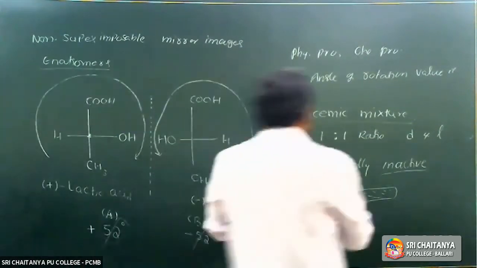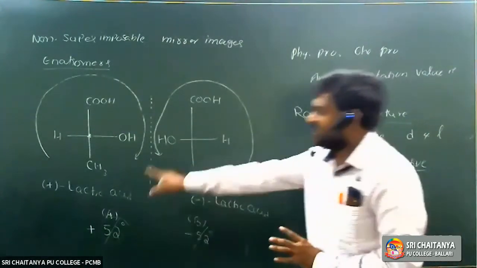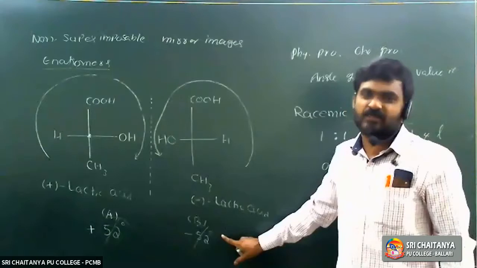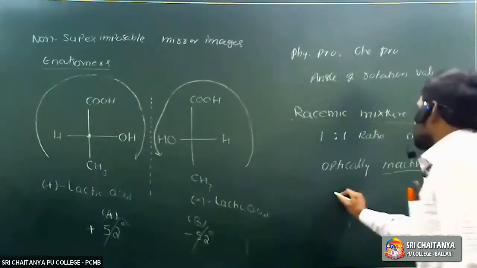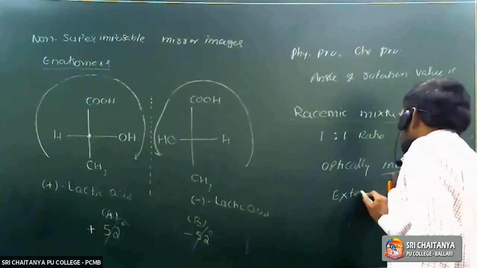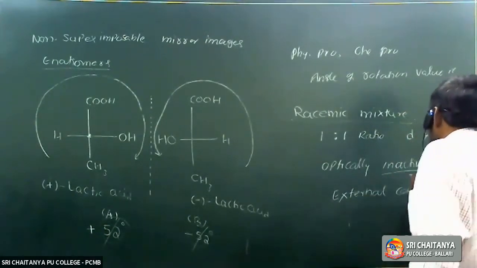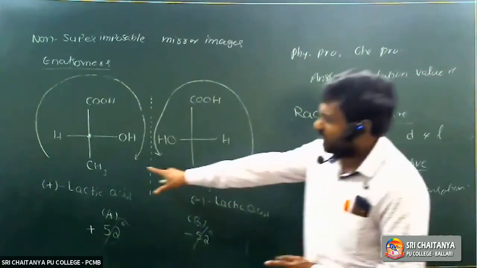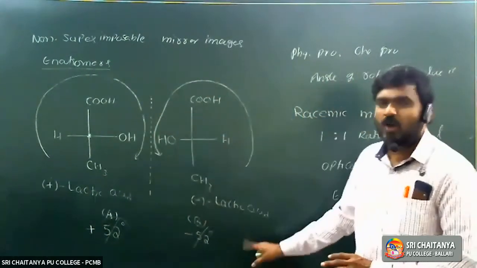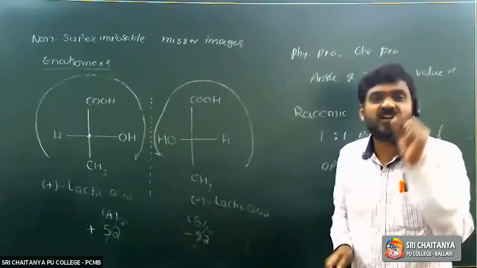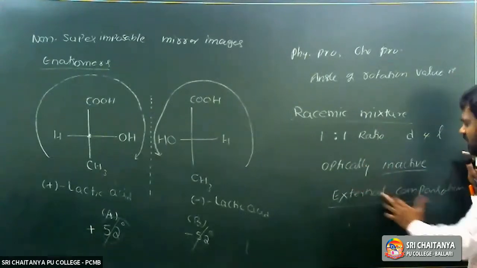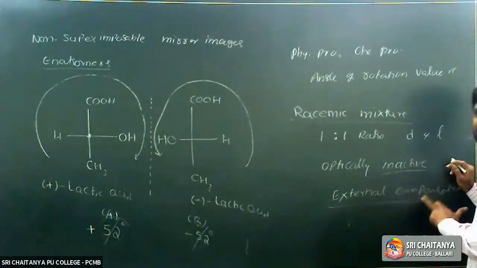So it is called external compensation. The optical rotation of compound A is nullified, or cancelled, by B. External means the optical rotation of compound A is cancelled by compound B. This term is important: a racemic mixture is optically inactive because of external compensation.